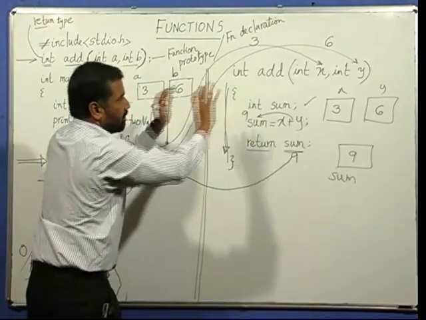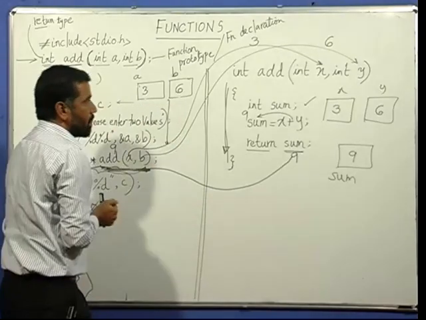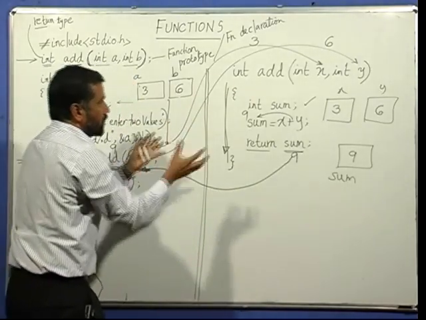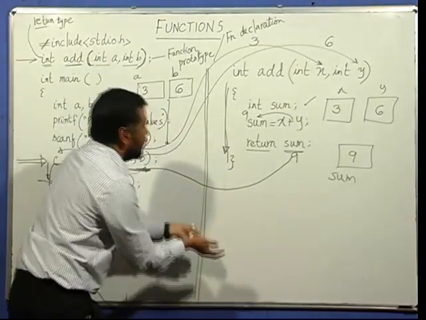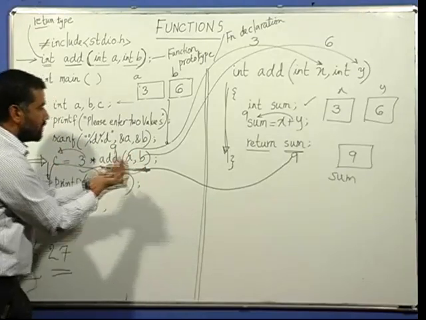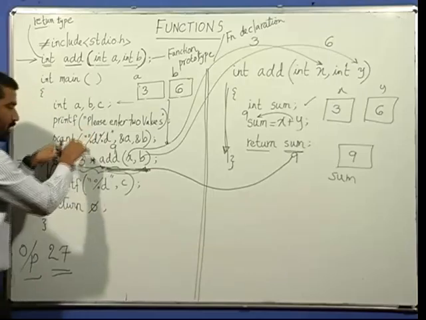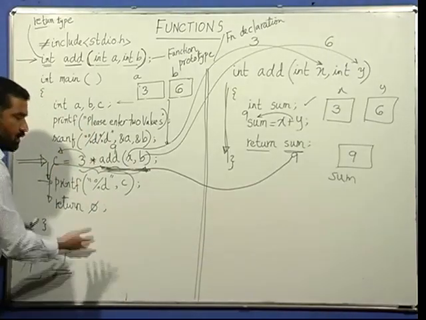It could perhaps copy some variables, as has occurred here. Once the values are copied, the function works with them, finds the required value, and sends back the value. The value is received in the same place where the function call has been made, and the control resumes from that point and goes on like that.